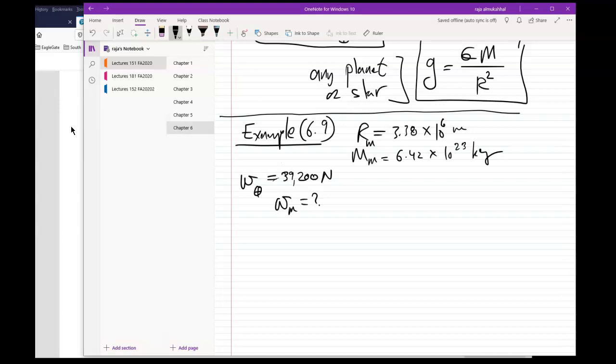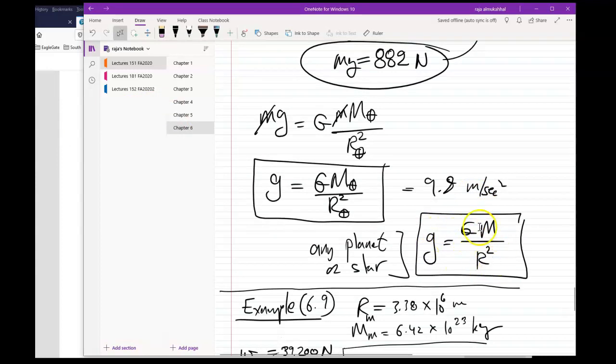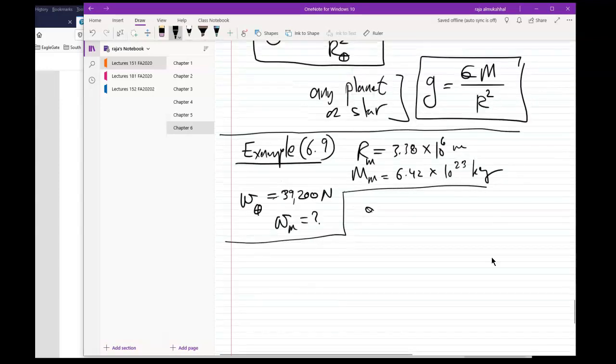I need to know what the G value on Mars is. That's the first thing I'm thinking about. We know that the G value for any planet or star is this one, GM over r squared, and I have everything. So the G value for Mars is G times the mass of Mars over the radius of Mars squared.